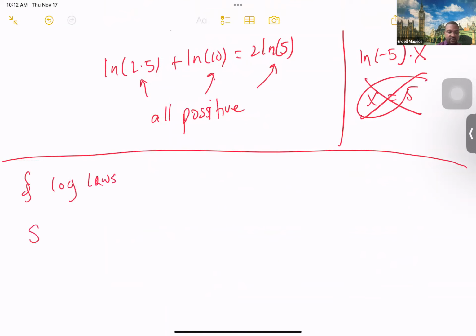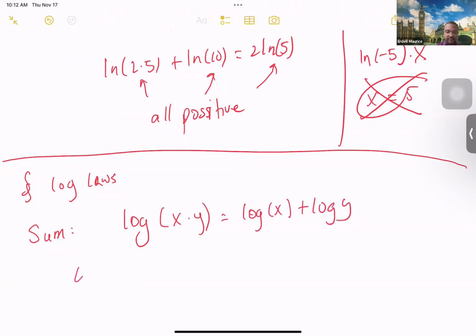You have the sum property. It says if I have two things that are being multiplied together, so x multiplied by y, then this is going to be log x plus log y. So for example, if I have log of 3x, this is going to be log of 3 plus log of x.